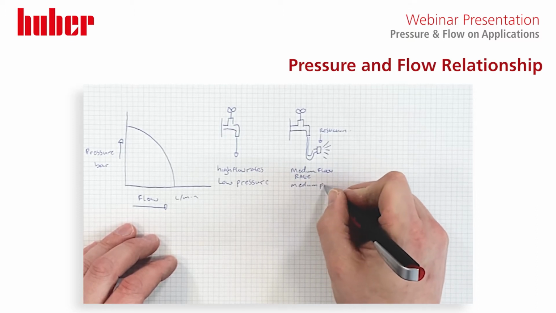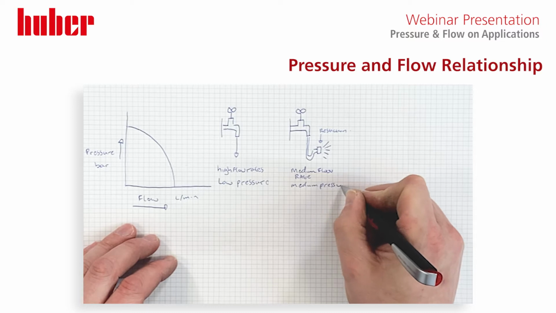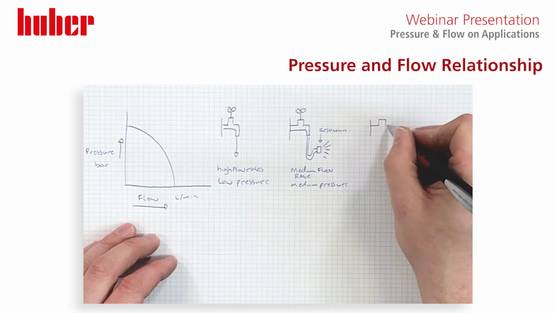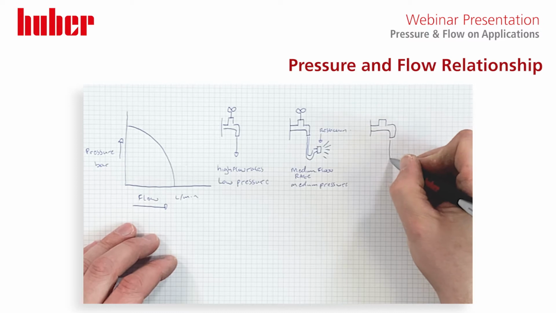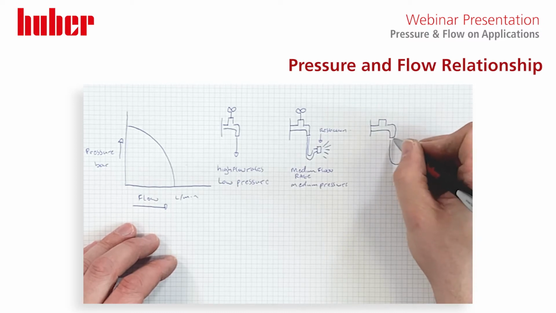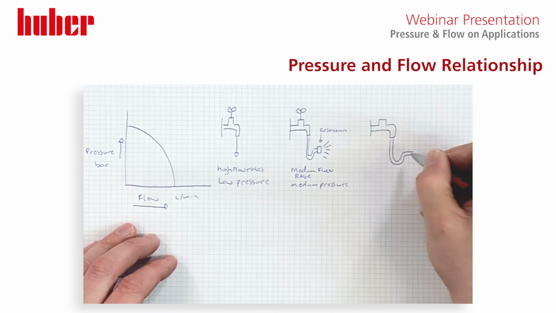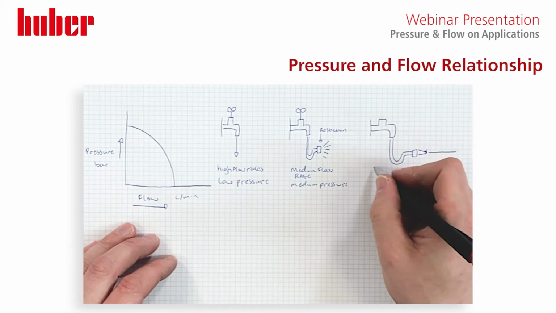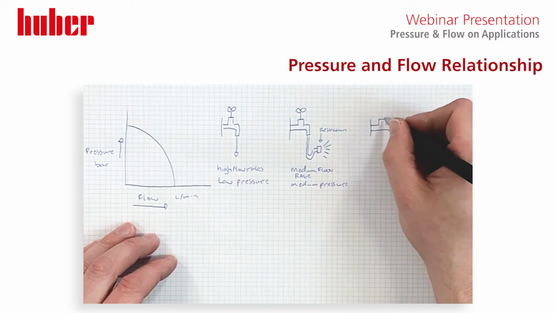And if you think about the other style of garden hose, which is more of a straight through, so again we draw our hose. And this is more of a cone-shaped hose, a bit like a power hose or something like that. You get more directed flow from that. So this will be a low flow rate system.